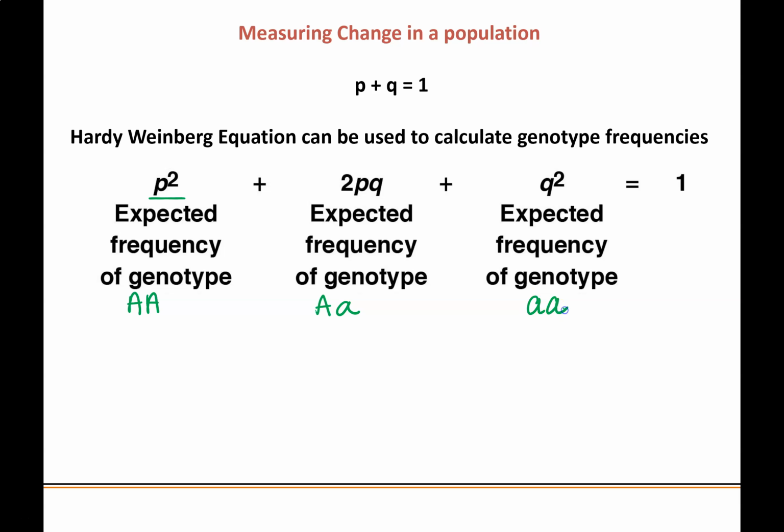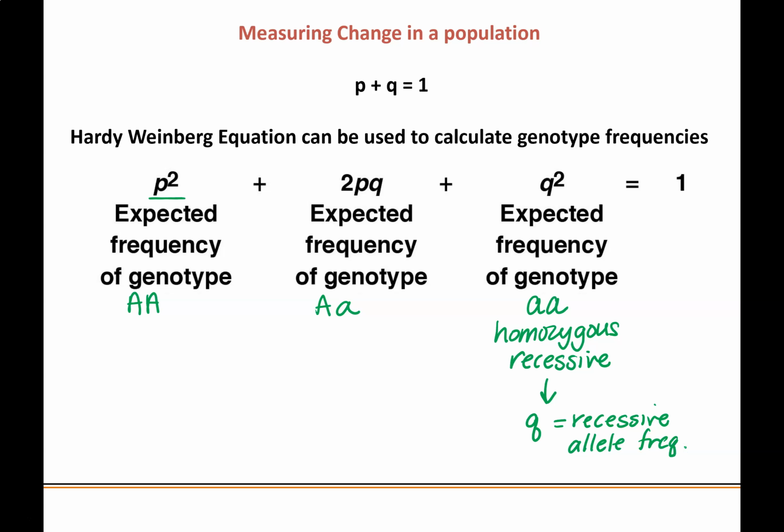Now, if an individual has the homozygous recessive genotype, you can use that to calculate your Q value, or your recessive allele frequency. So all individuals that are homozygous recessive, you know their genotype.